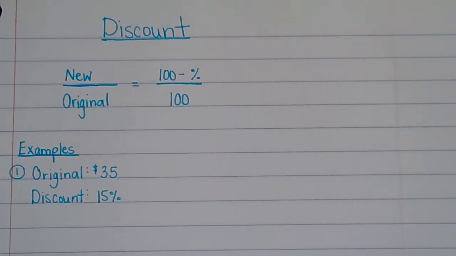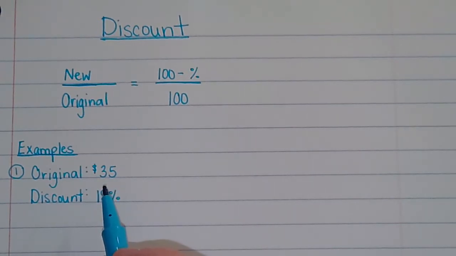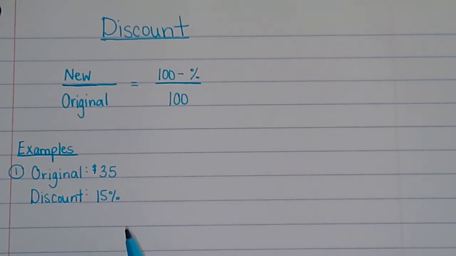So in other words, you're passing by a rack of shirts, and on the top of that rack it says 15% off. Usually it's in bright red or yellow. So now I'm trying to figure out, what is my new price going to be? I know it has to be less than $35 because $35 is what it originally is, but I'm taking money away from it, so it has to be less than that.